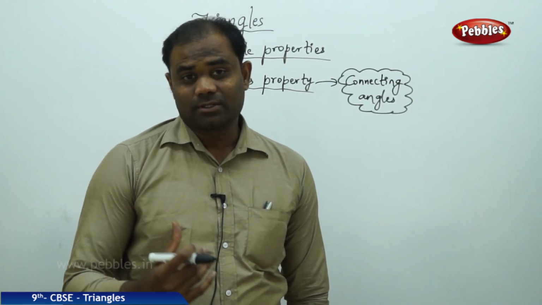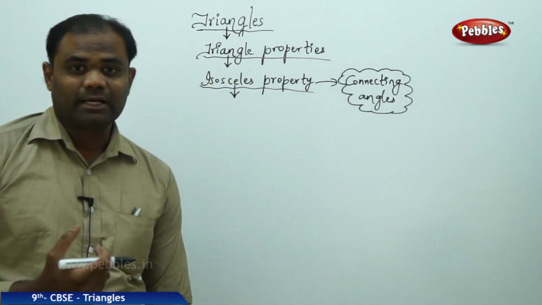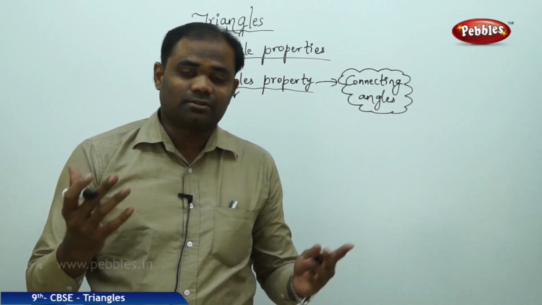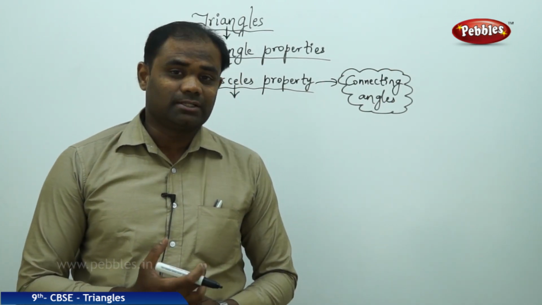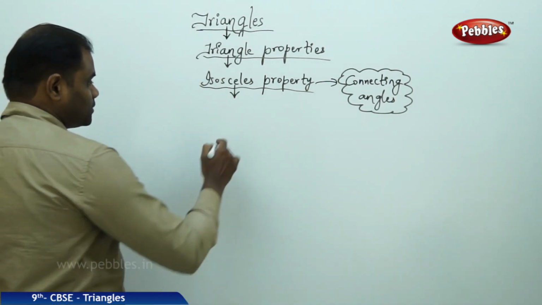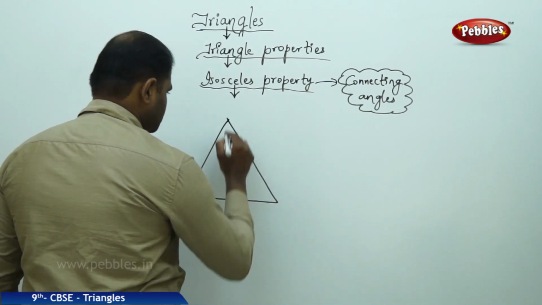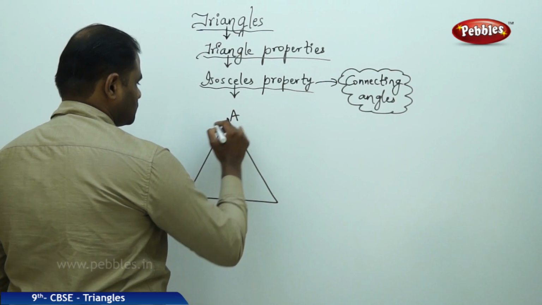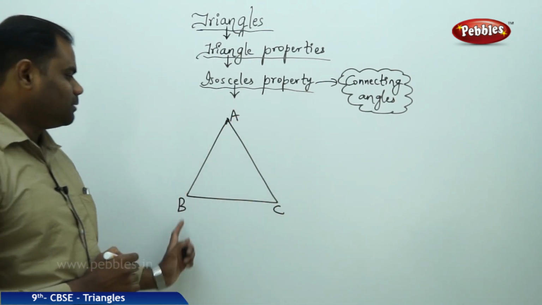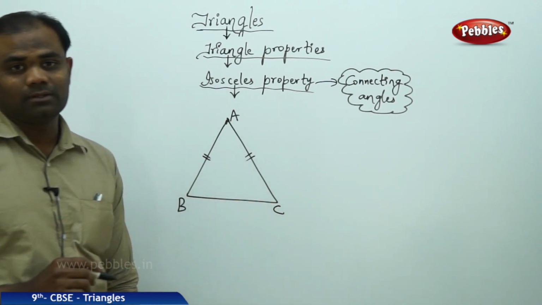Now let's see the isosceles property connecting the angles. Now that we have defined that a triangle ABC is isosceles if any two sides of that triangle are equal, let's see how we can connect that with angles. Imagine I have an isosceles triangle A, B and C. The triangle ABC is isosceles in the sense the sides are equal.